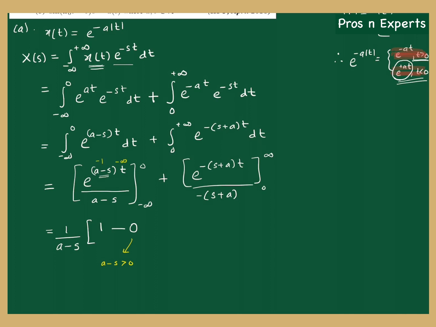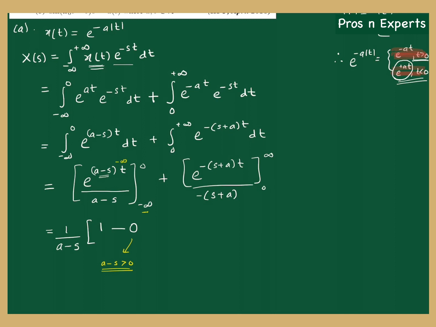E raised to minus 1 into minus infinity will give you e raised to plus infinity. And if the integral limit results in e raised to infinity, this whole term will never exist. So this whole integral will not exist, and the whole Laplace transform will not exist. So in order for our Laplace transform to exist, we have to make the assumption that while applying this lower limit, a minus s should be positive. It should never be negative. That's our assumption here.